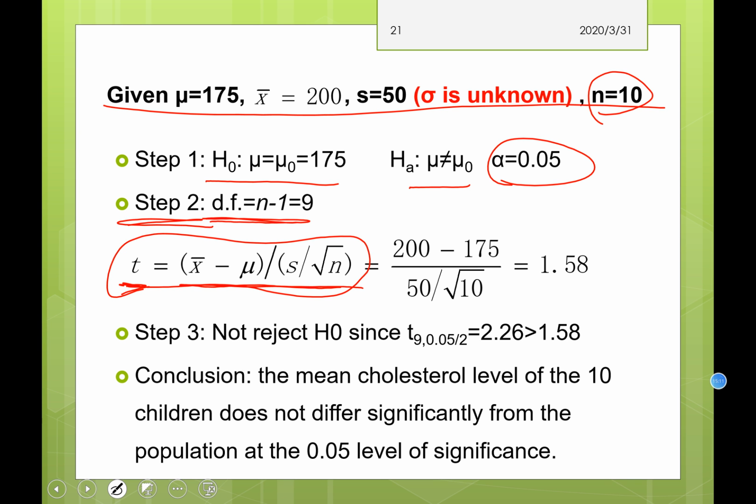Okay, so here we need x bar, s, n, and mu to get the t number, and all of the numbers are given in the question. We have already known all of these numbers, but there is no mu in the question.